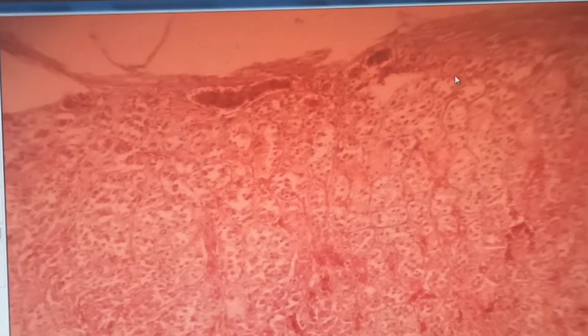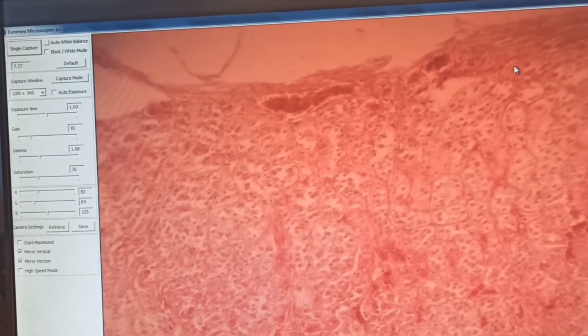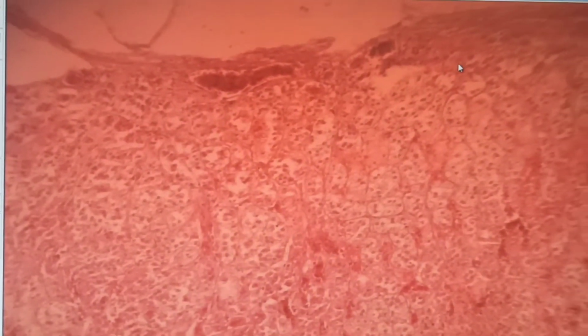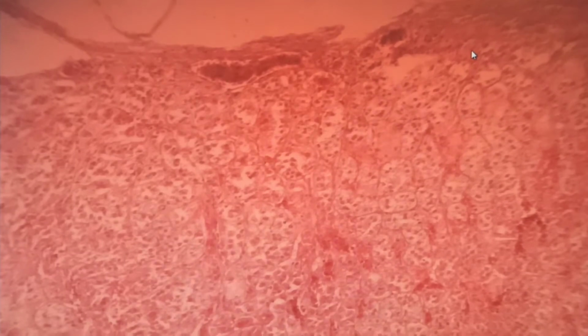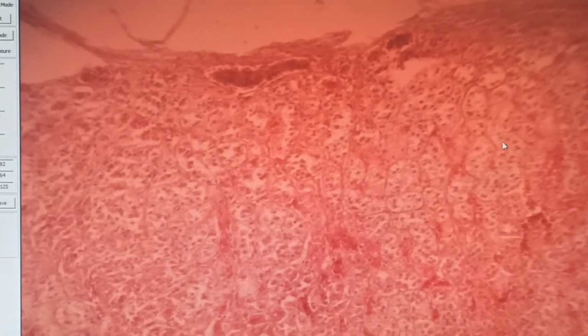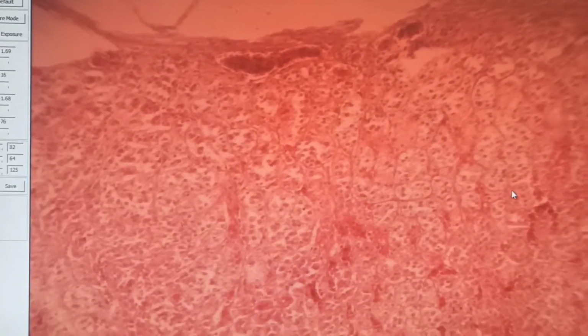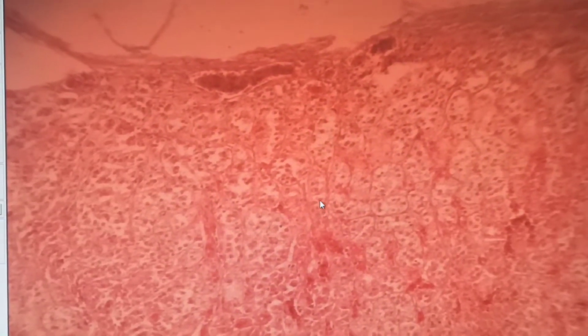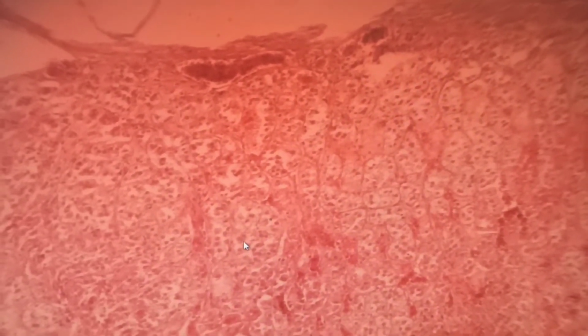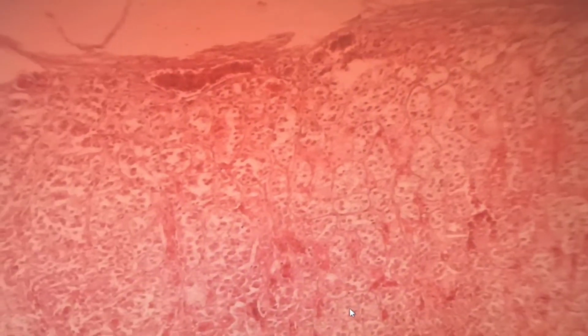Every section that is rounded, circular, is called zona glomerulosa. The elongated parts, like fascicles or cords, are zona fasciculata, and next to the middle is zona reticularis, which is denser and darker in color.